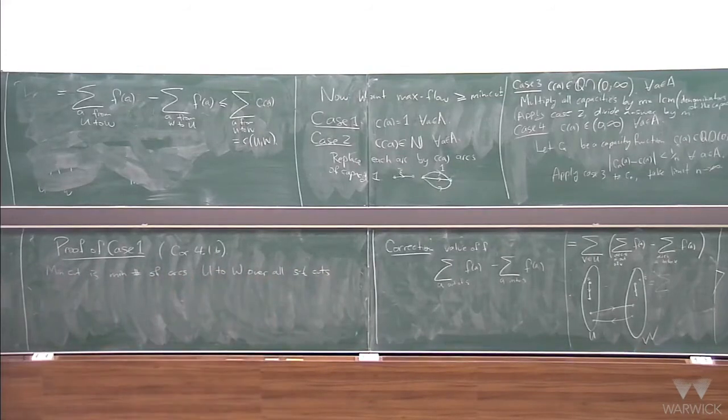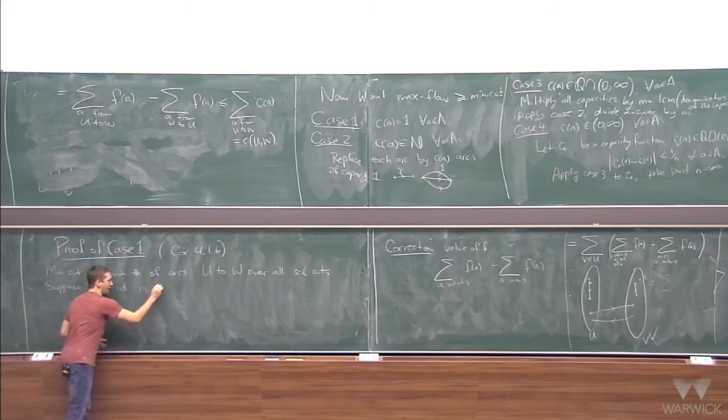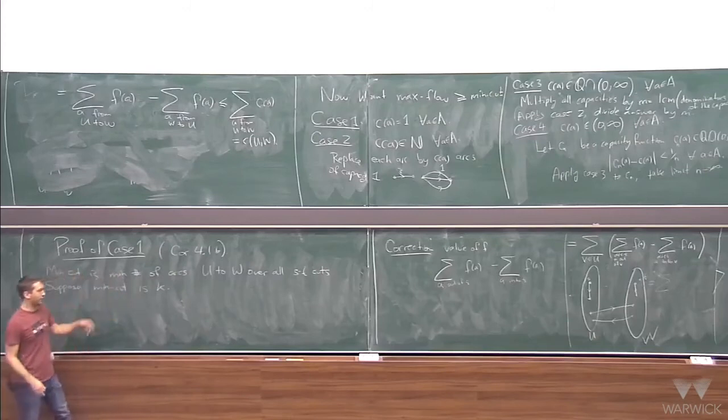Suppose that the minimum capacity of a cut is, let's say, k for some integer k. It's always going to be an integer, because it's just counting arcs that go between U and W.